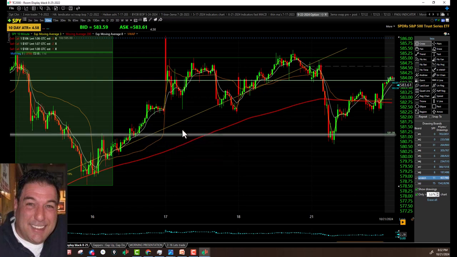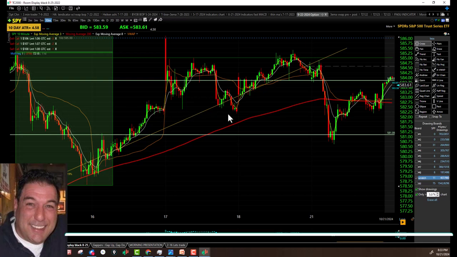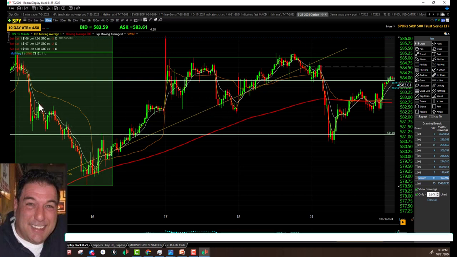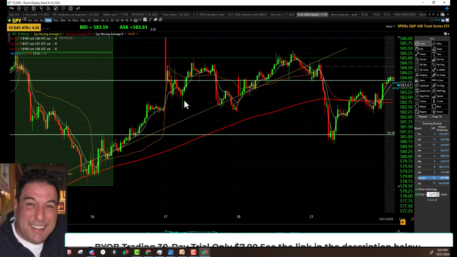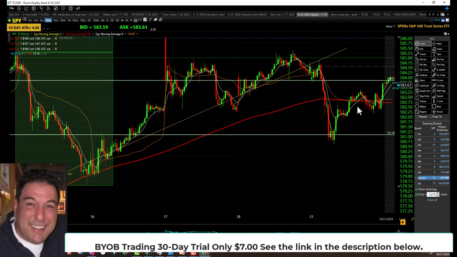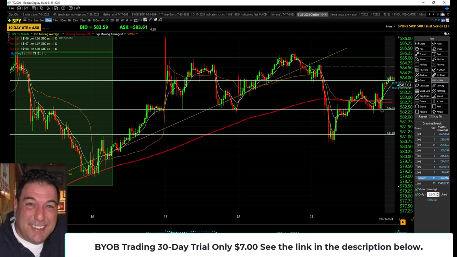I'm looking for a location where I see price comes down and then moves back in the other direction. Okay, so like right through here, you can see there's probably some support and resistance. You can see these wicks and these tails. Look for the tails and the wicks to kind of come to a common area like that. See that? The wicks come to here, the tails come to there.